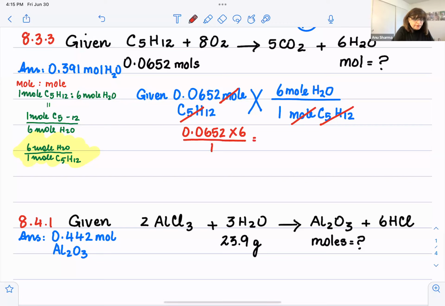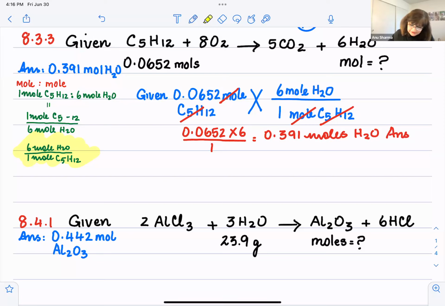And this gives you 0.0652 times 6 is equal to 0.391 moles of water. It's very important: always write down the entity that is in question, the entity you are trying to find, the answer, the units, all those things. So that is the answer.